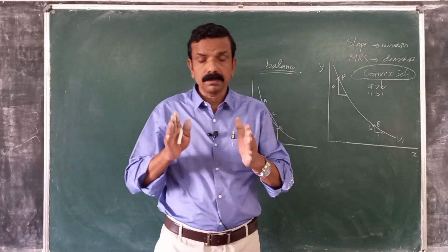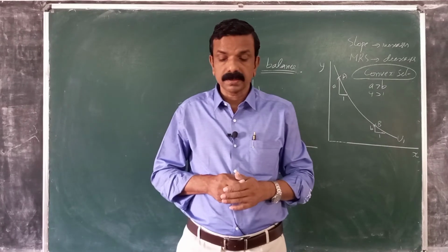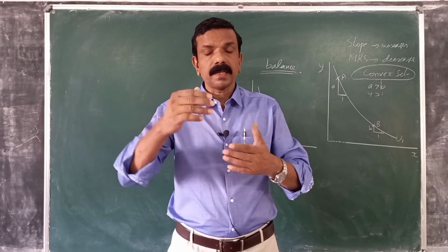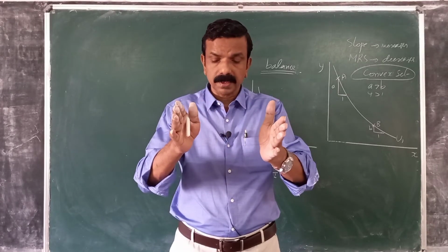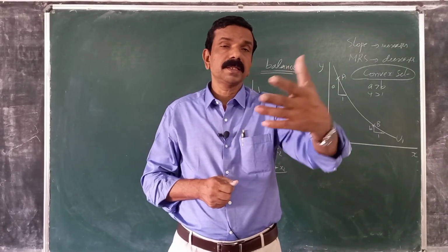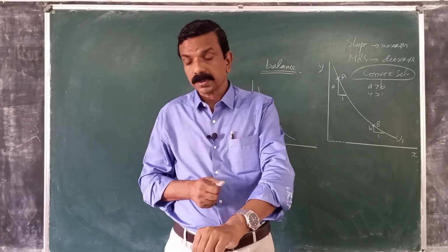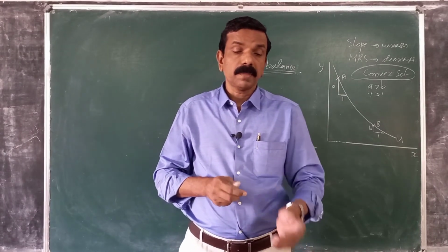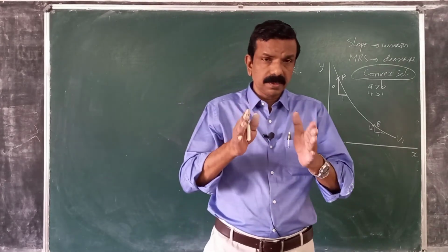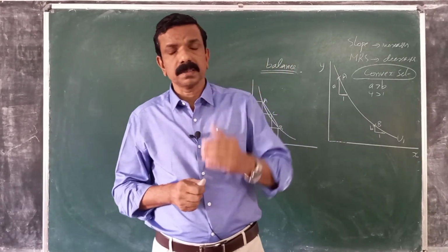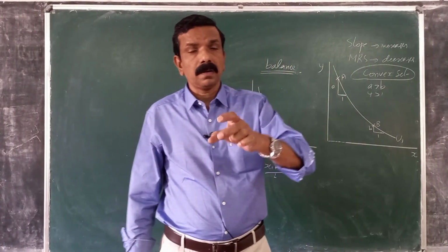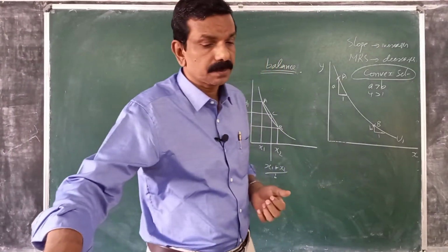Any proportional combination of two different bundles is preferred to the initial bundles as it is more balanced. So diminishing MRS is equivalent to strict convexity. Its intuitive explanation is averages are preferred to extremes.